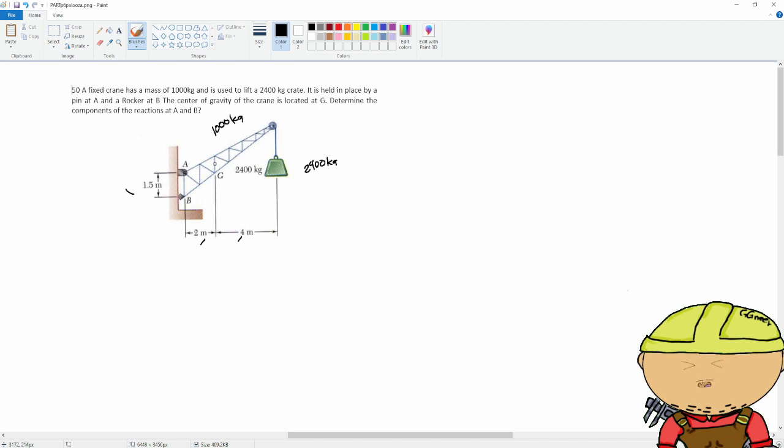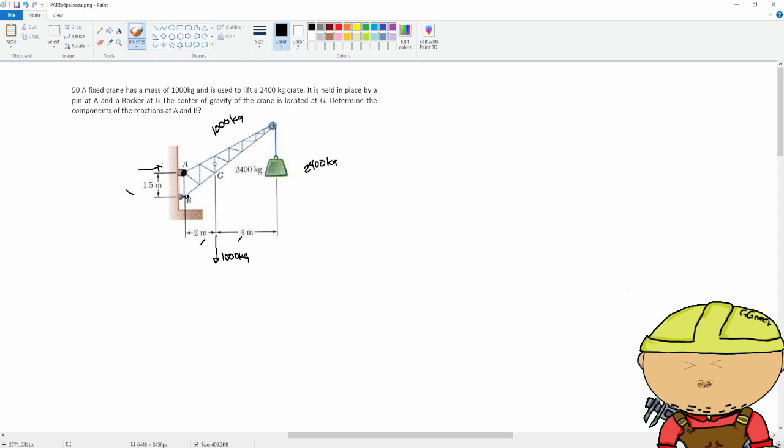Okay, so the crane is the 1,000 kilograms, plus the 2,400 kilogram crate. And it seems on the diagram the G is the center of gravity, so the 1,000 kilograms is already there. The 2,400 kilogram crate. It is held in place by a pin A and a rocker B. So A is a pin.